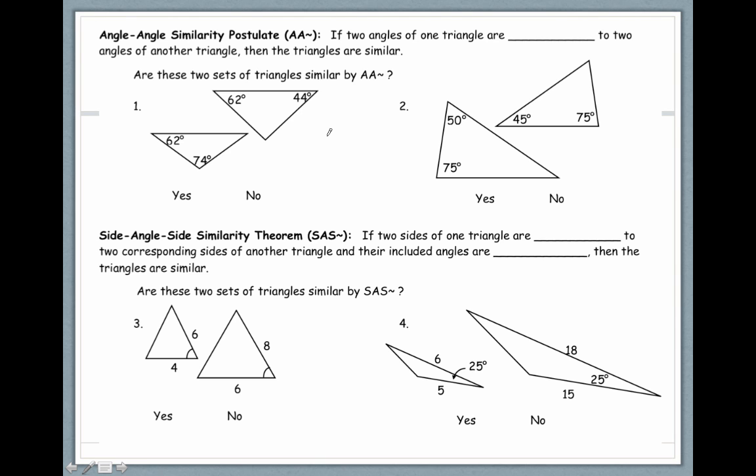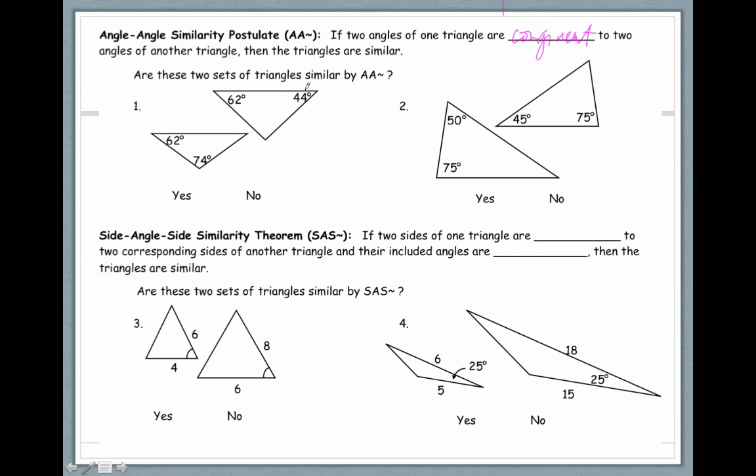Okay, so now we have that if two angles are the same in a triangle, then the triangles are similar, because if we have two angles, then we have three, right? So we only need two. So if two angles of one triangle are congruent to two angles of another triangle, then they are similar.